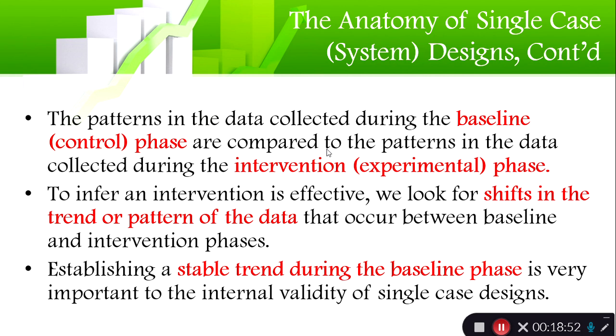Essentially, we really need to have a very stable trend during the baseline in order to determine what's happening in the intervention phase, because we're always comparing the baseline phase to the intervention phase. So we really want to have a very clear or stable baseline prior to introducing the intervention, so that we're able to make a clear determination or analysis of what's going on in our intervention phase.